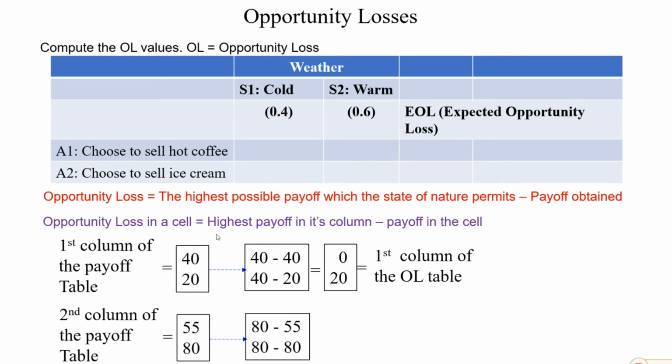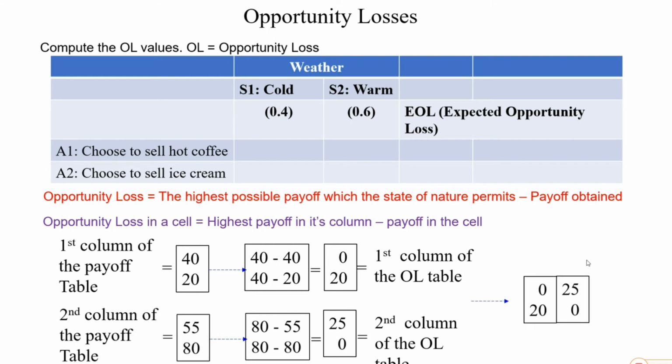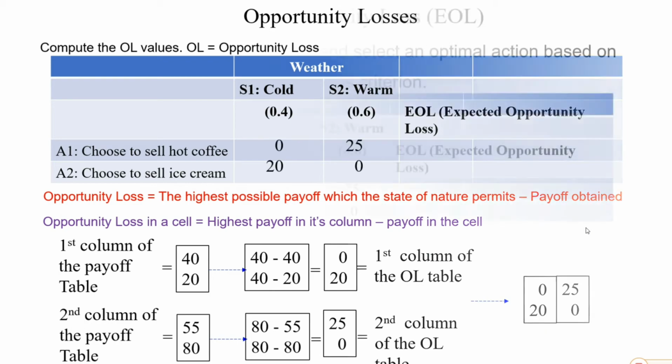If one happens to choose action A2, one will receive the payoff value 80. Therefore, no opportunity loss. So this is the second column of the opportunity loss table. So we get the opportunity loss table. The first column 0, 20, second column 25, 0. Like this.